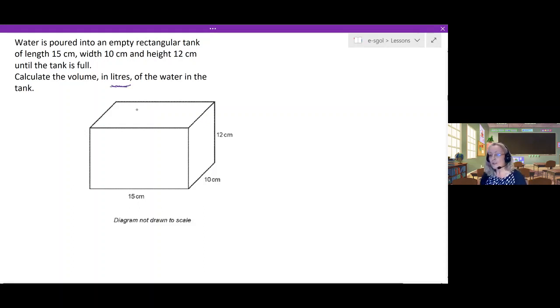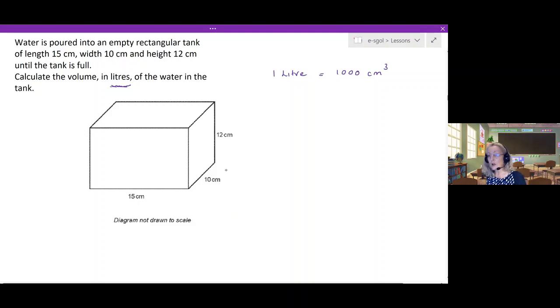So the thing that we need to remember here is that 1 litre is equal to 1,000 centimetres cubed.